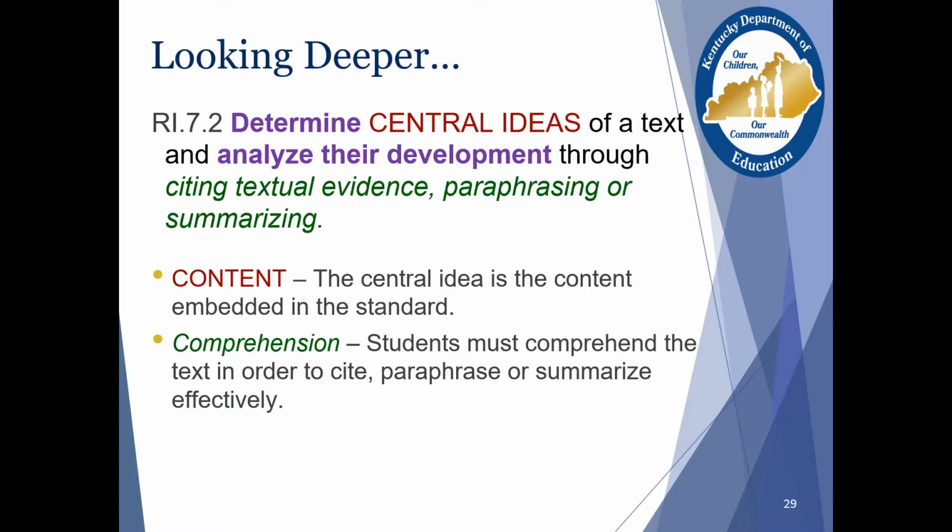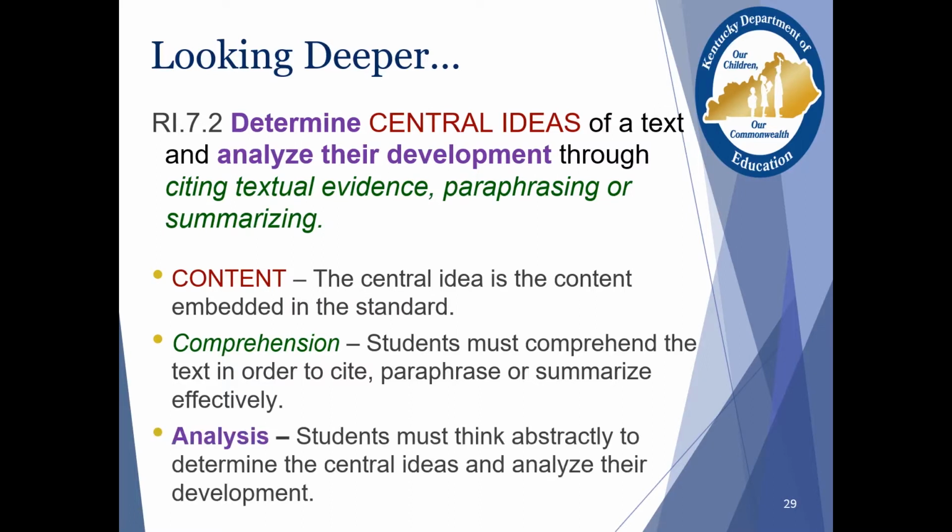They're going to have to be able to read intentionally and to pull information from what they have read in order to figure out what they need to cite, paraphrase, or summarize. They can't pull that information out if they haven't already been able to determine what is central idea. I can't prove it if I don't know what I'm trying to work toward.